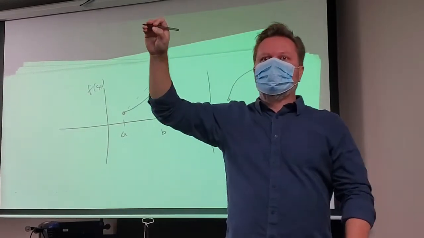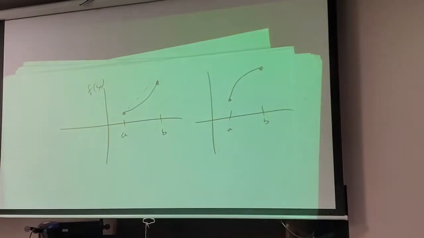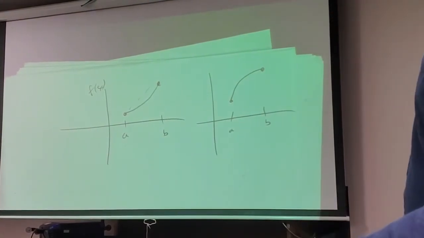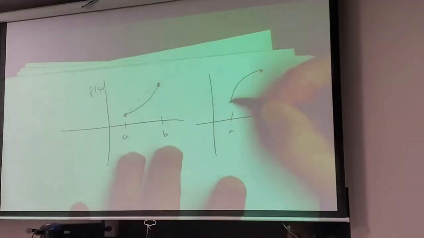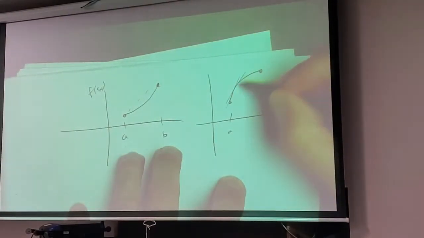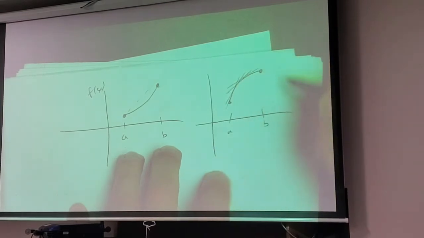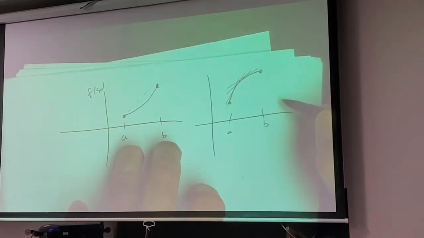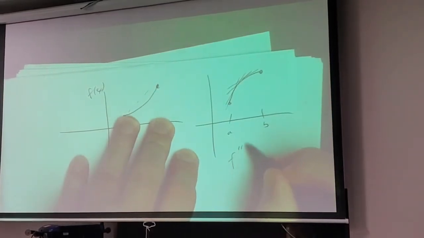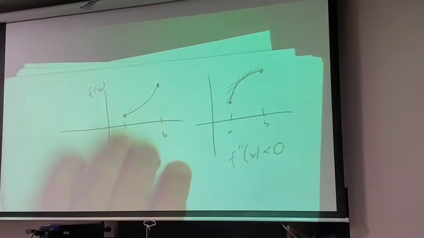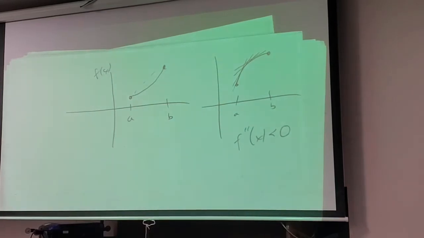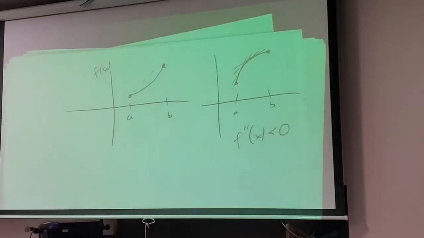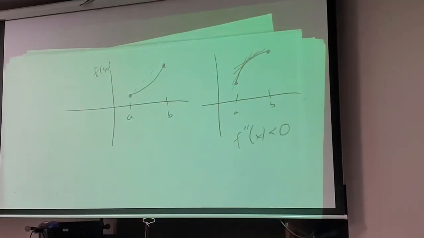Okay, I like it. So that would be a situation where the second derivative, what do you guys think about the second derivative? What's happening to the slope as I move? It's getting smaller. So this would be a situation where the second derivative is negative. The change in the slope as you move is negative because it's getting smaller.